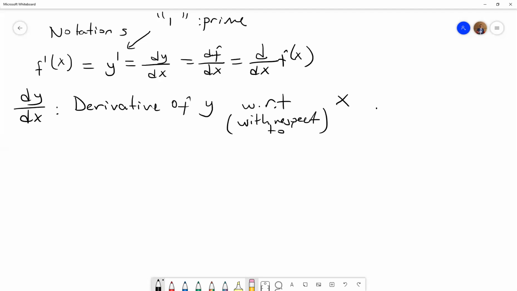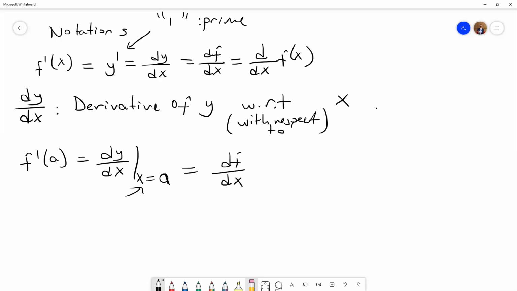And if we have f prime a, it is equal to dy over dx, the derivative of y with respect to x, at x is equal to a. So df over dx at x is equal to a again.